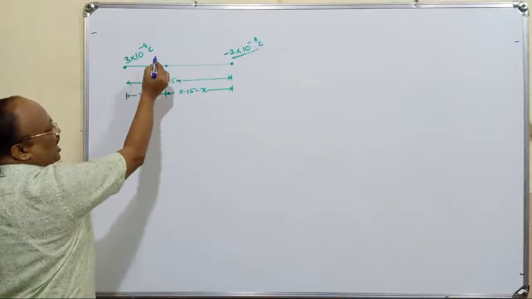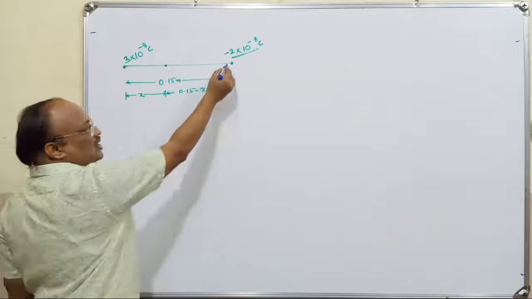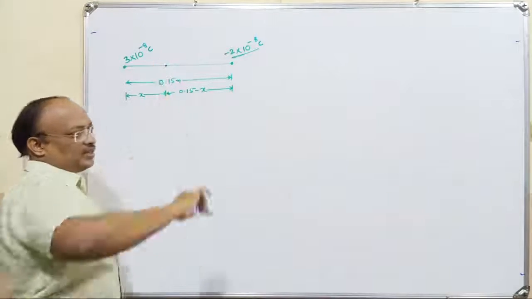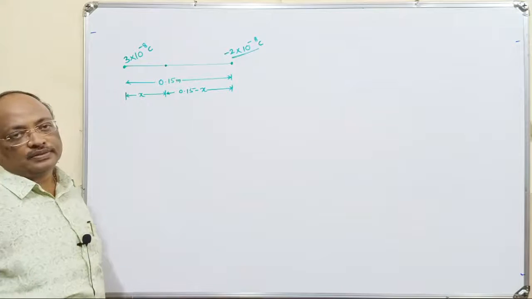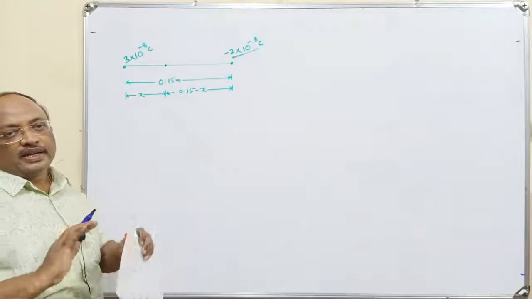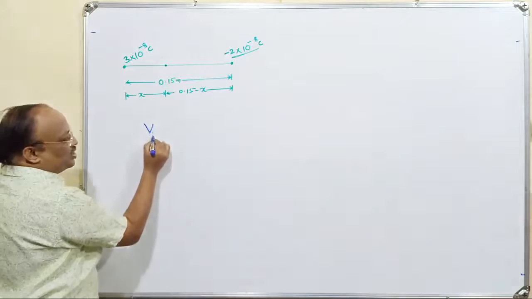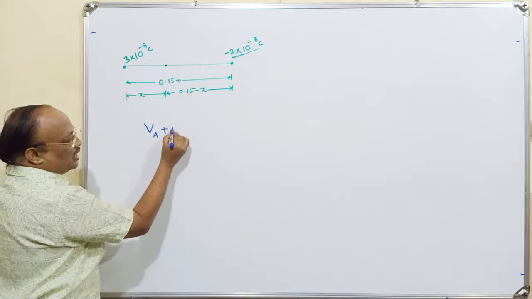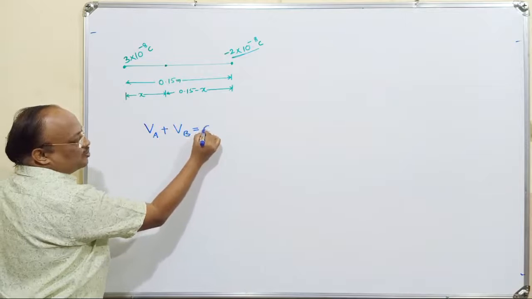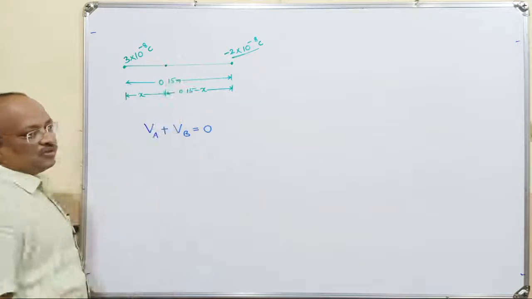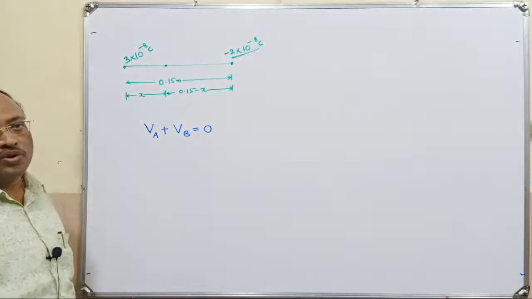Because of this charge, the potential at this point, and because of the other charge, the potential at this point, will get cancelled with one another. In the sense, the potential due to A plus the potential due to B, the sum of these potentials, is equal to 0.